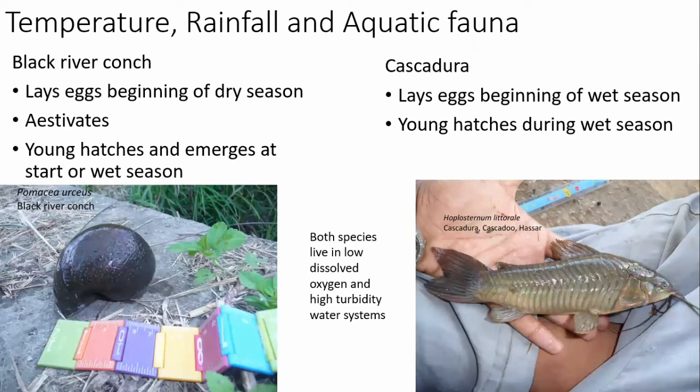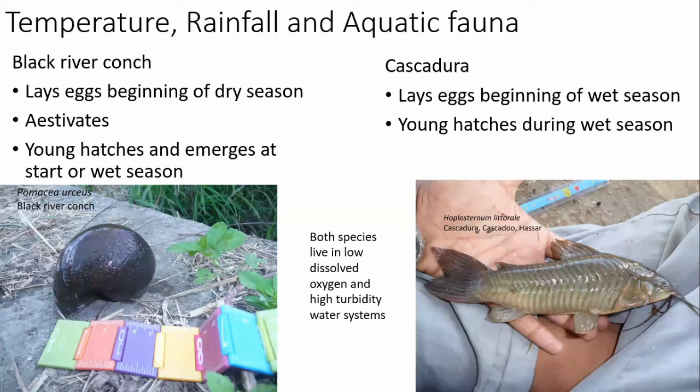So the black river conch lay the eggs at the beginning of the dry season, and the adults estivate. The young will hatch at the start of the wet season, and the adults will come out of this estivation at the start of the wet season. And then they go to feed, etc. Similarly, cascadoo would lay eggs at the beginning of the wet season.